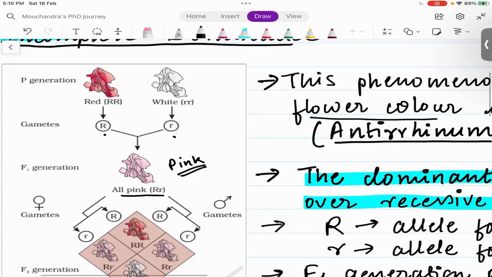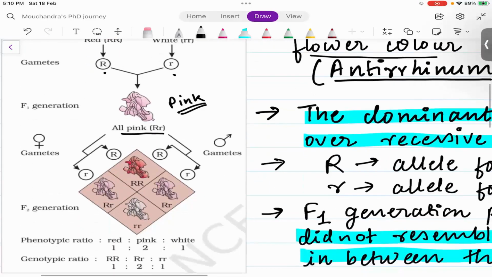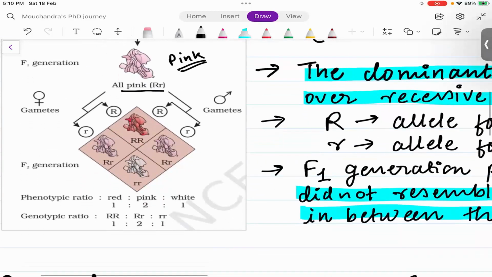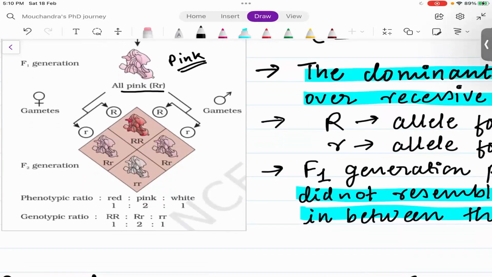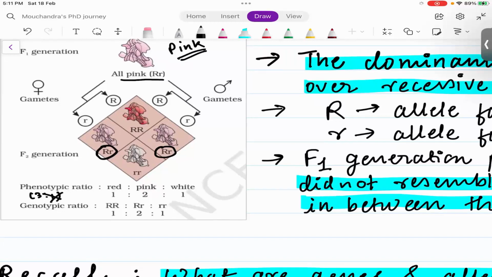Okay. Similarly, when they did selfing, self-pollination, in F2 generation, they saw the plants which were heterozygous were all pink, whereas the homozygous plants showed the same phenotype as their parents at the parent generation. And the typical phenotypic ratio of 3:1, which was observed during monohybrid cross, was not the case, right? Instead, we see 1:2:1.